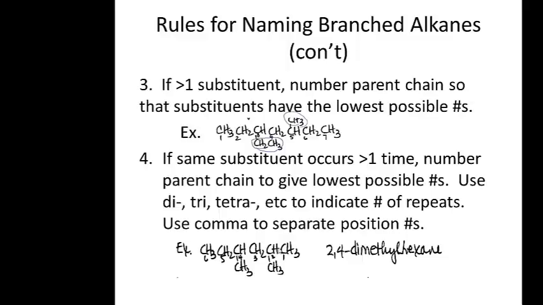We use the prefixes di, tri, tetra, etc. to indicate the number of repeats. So this would be a 2,4-dimethylhexane. And again, it tells me I have 2 methyl groups, 6 carbons as my parent chain, and they're located on carbons number 2 and 4.